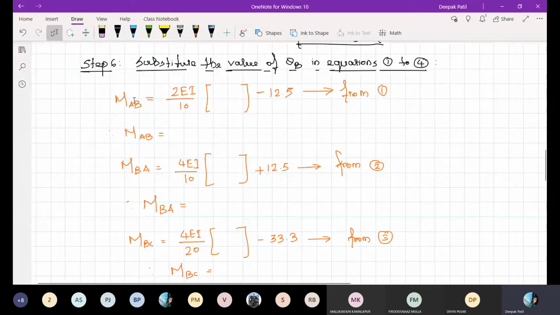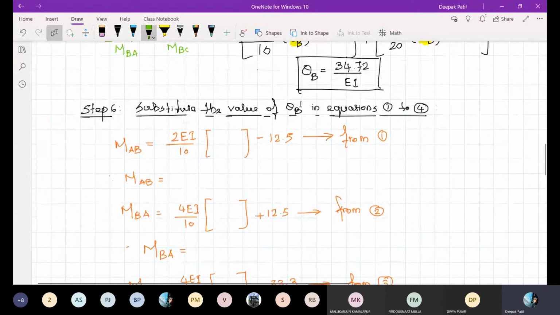That's what I have written here. For MAB, I have written the equation from equation 1 and left the theta B part blank because now I need to substitute that value of theta B. So let me substitute the value of theta B here: 34.72 divided by EI.